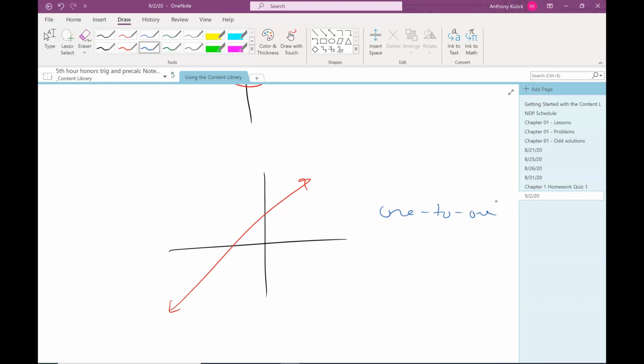And now, certainly we know that this diagonal line is onto. How do I know that it automatically has to be onto? What's the range for it? All real numbers. Could I possibly miss any y coordinates if I have all real numbers for my range? No, right? So this is definitely onto.